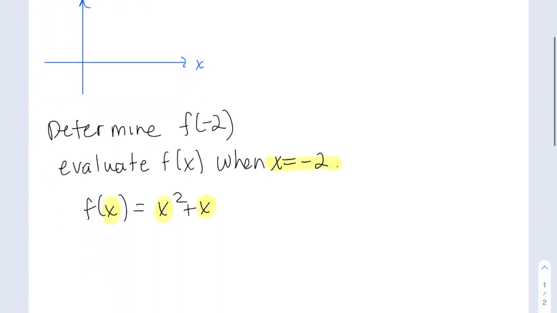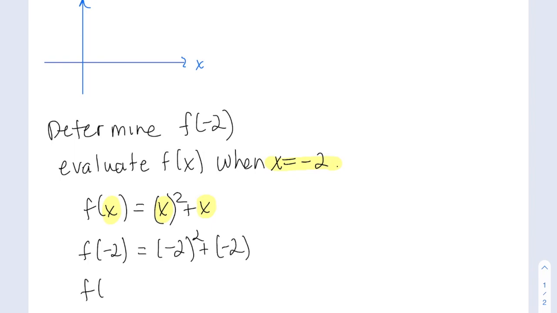It's very straightforward, actually. I get f of -2 equals, and I have to put brackets around -2 because this power of 2 impacts the entire x value. So I get f of -2 equals 2.